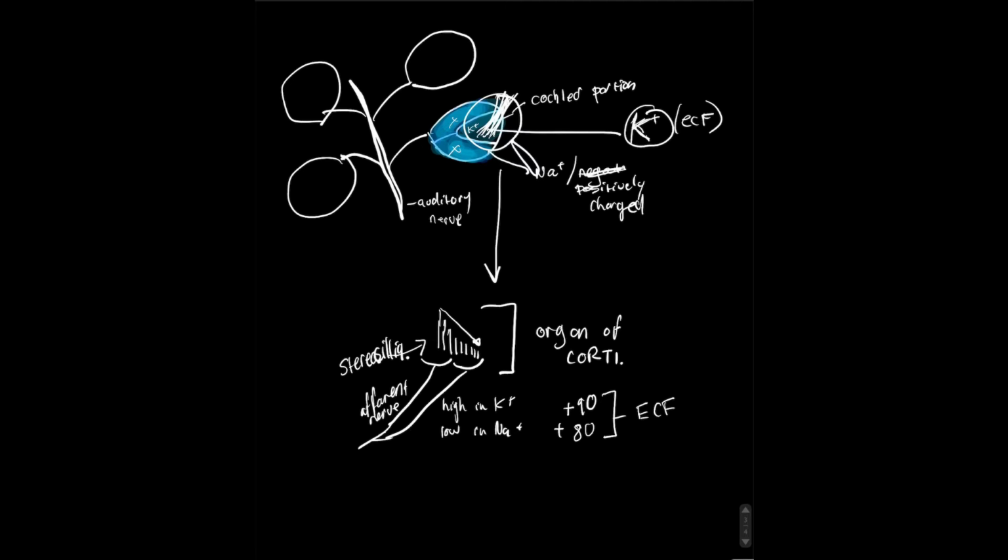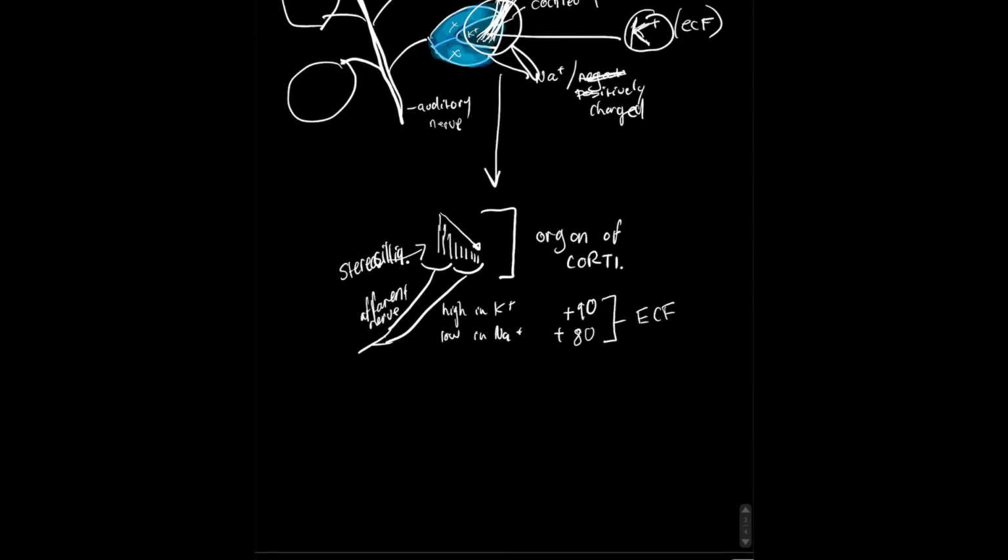And it turns out that process is a mechanically gated process, meaning that it's the movement itself of those hairs which determines what message is sent through to the brain.